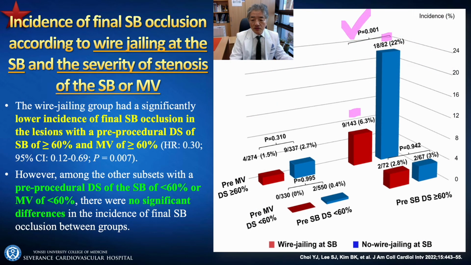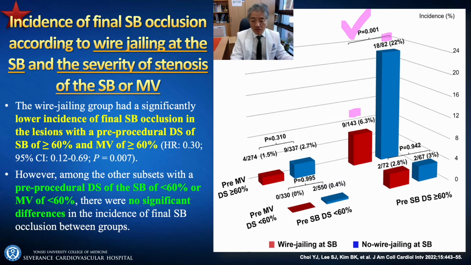In the comparison of the incidence of final side branch occlusion according to wire jailing at the side branch and the severity of the stenosis of the side branch and main vessel, the wire jailing group had a significantly lower incidence of final side branch occlusion in the lesions with pre-procedure diameter stenosis of greater than 60% and main vessel of greater than 60%.